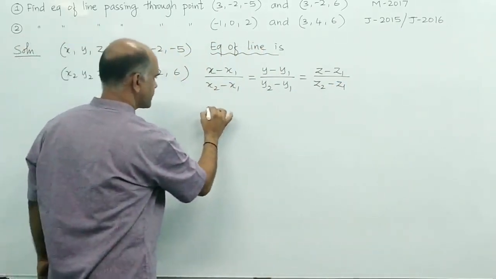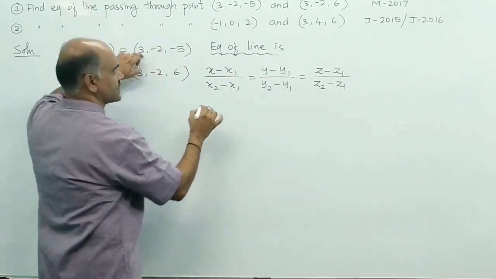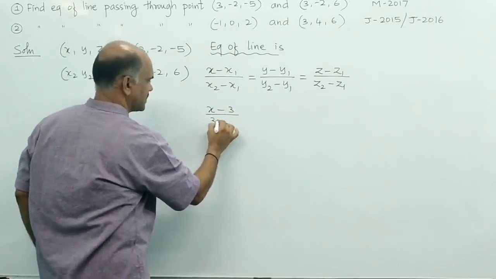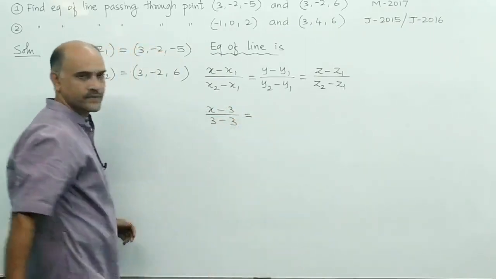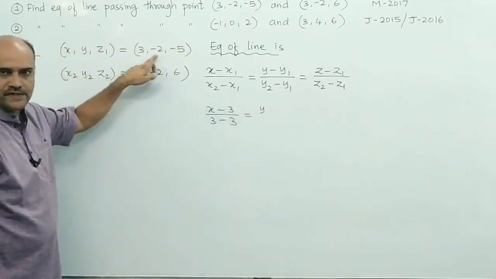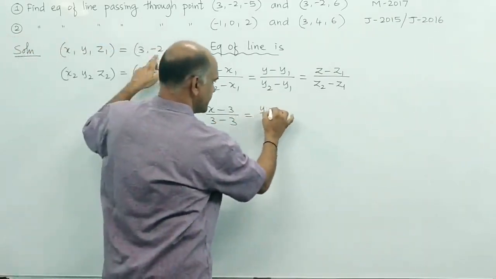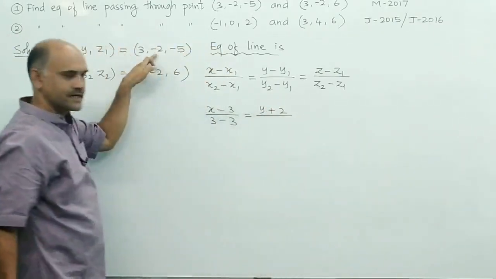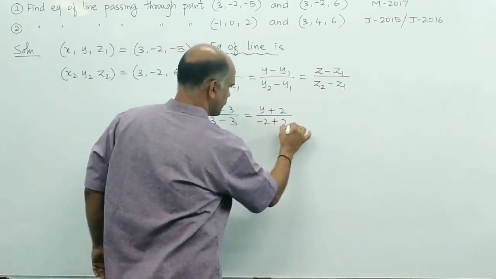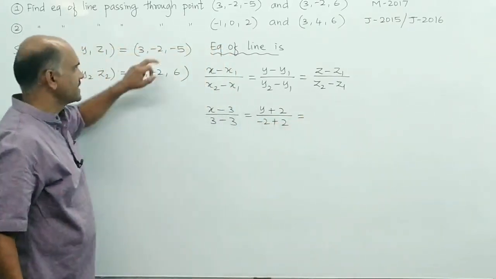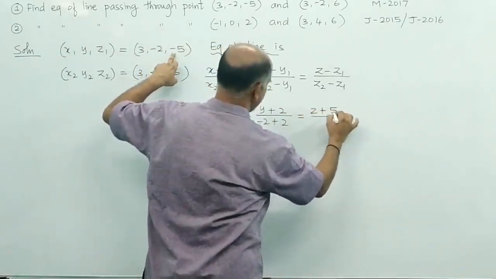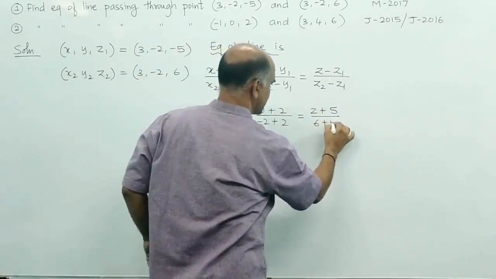So x minus 3 divided by x2 minus x1, 3 minus 3. y minus y1: y minus 2 is there, so minus y1 means it will be plus 2, divided by y2 minus y1, -2 plus 2. z minus z1: you'll have z plus 5 divided by z2 minus z1, 6 plus 5.